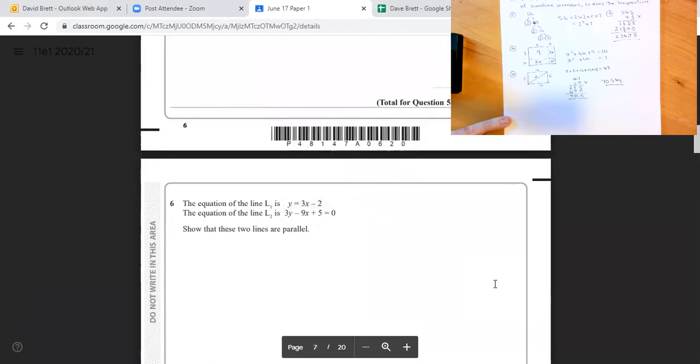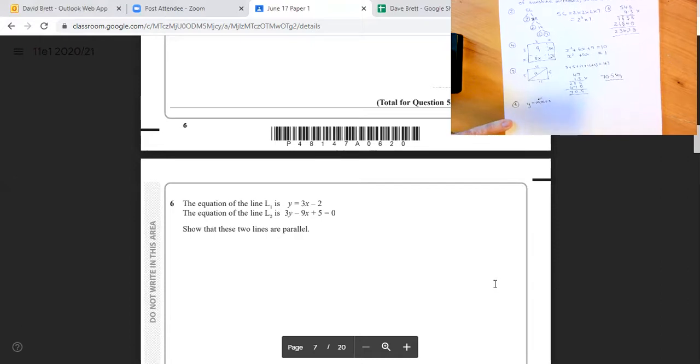Question 6. Show they are parallel. If they're parallel, then they have the same gradient. y equals mx plus c is the general form of the equation of a straight line, where m is the gradient. So if we can show that the m value is the same for both, then they are parallel. The first line is y equals 3x minus 2, so the gradient is 3. The second line says 3y minus 9x plus 5 equals 0.